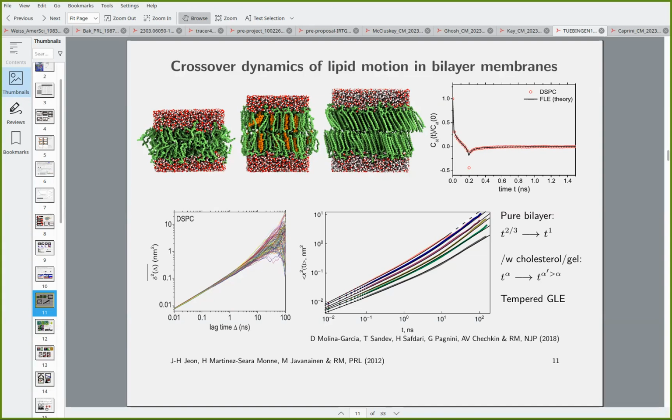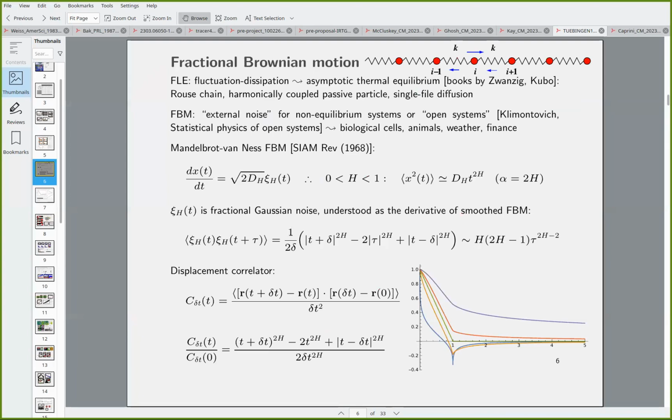In all 3 phases, we see for different alpha values exactly this anti-persistent motion, but in the simplest case here, where everything has the same chemistry, we have crossovers at very short time scales. After 10 nanoseconds, there's a crossover. And in some cases, it goes to normal diffusion. In other cases, it's still subdiffusion, but with a larger exponent. And this is what we can describe by cutting off the power laws. So I have this power law here in the correlation function, and we can now put a temporary cutoff.